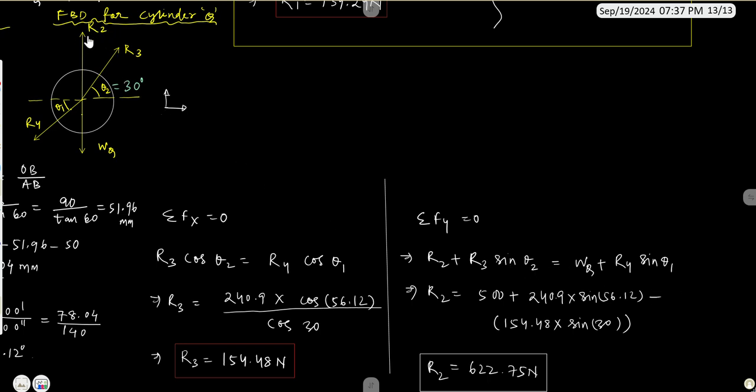So here I have R2 plus the sine component of R3, that is R2 plus R3 sine theta 2, equal to WQ plus the sine component of R4, that is WQ plus R4 sine theta 1, where WQ value is given to us as 500 Newton, and we know the value of R4 as 240.9 and theta 1 as 56.12, and just now we calculated the value of R3 as 154.48, multiplied by the sine of theta 2, which is 30 degrees.